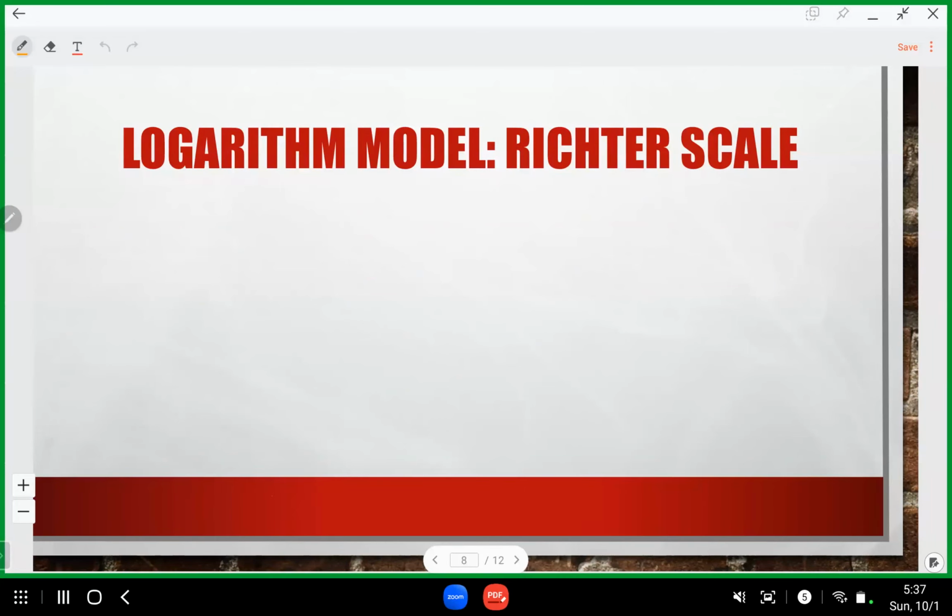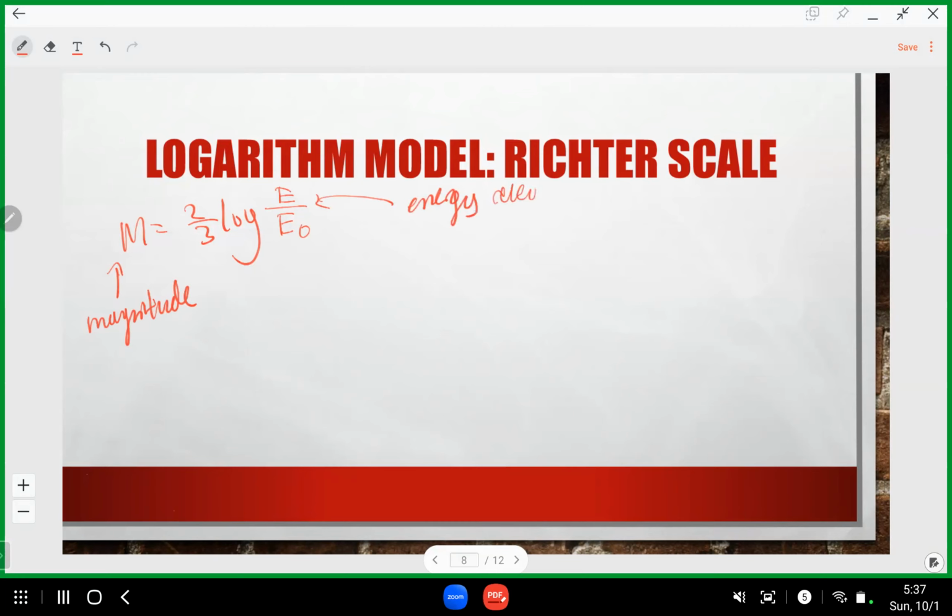E is the energy released, and E0 is the energy of a small earthquake. And this number is 10 to the 4.4. Okay, so it is another constant.